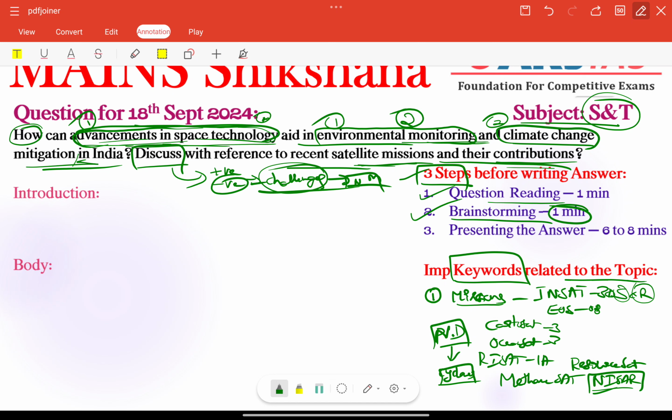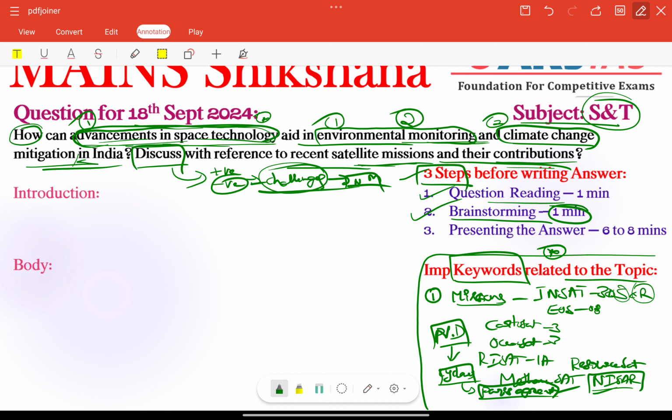How can these advancements in space technology, these satellite missions, help to contain or mitigate the recent cyclones? So we need to focus on that. Otherwise we can talk about the Paris Agreement here and there as an example, right? So all these important keywords need to be included in our answer.